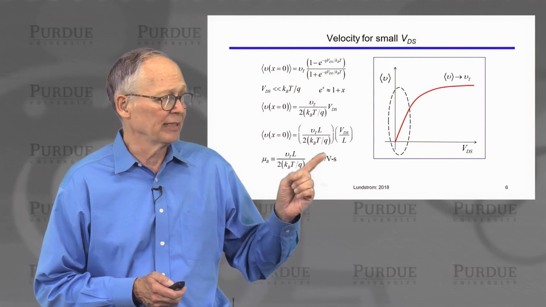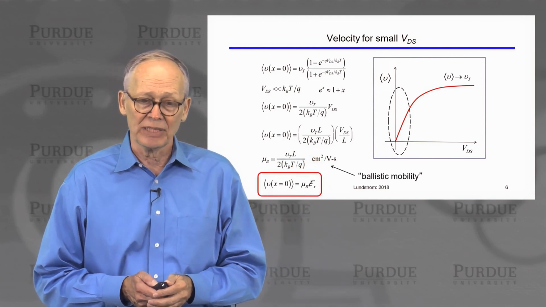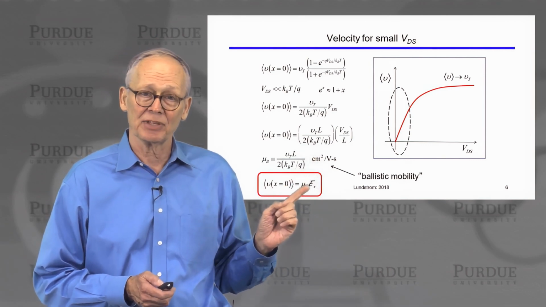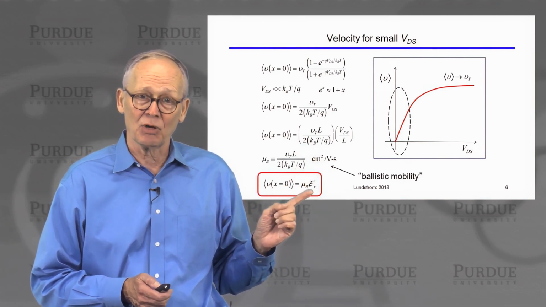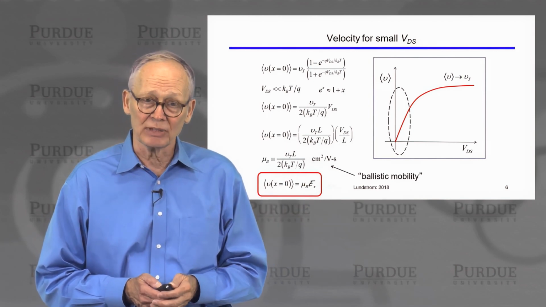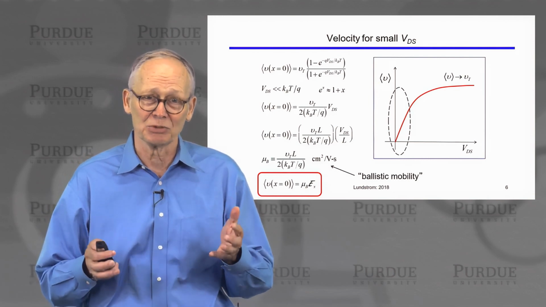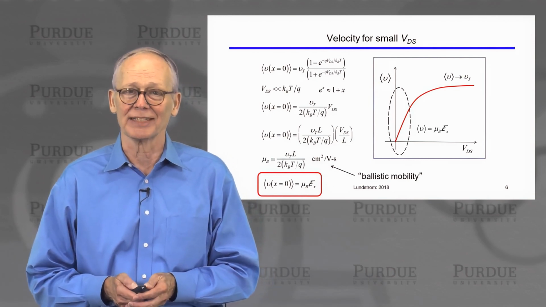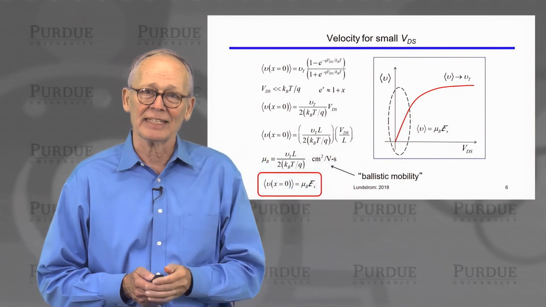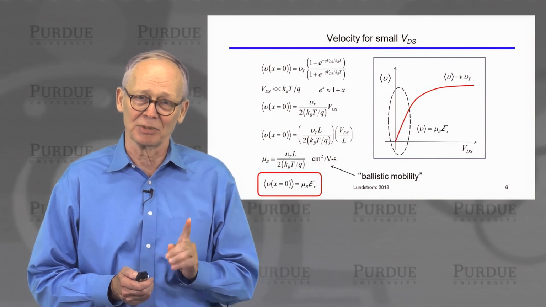So what we determine then is that out front we have the ballistic mobility, and we simply conclude that the average velocity at the top of the barrier in the small drain source voltage limit is just ballistic mobility times the electric field. A very reasonable result. We might have been able to guess that. So velocity is proportional to the electric field in the linear regime, but we have to use the ballistic mobility in the ballistic limit.